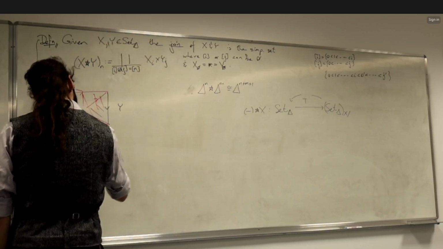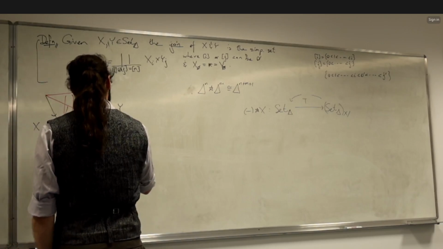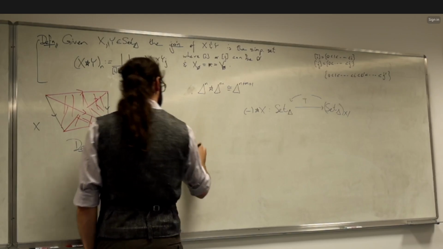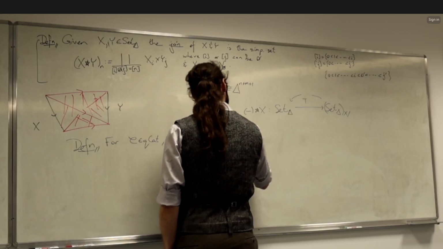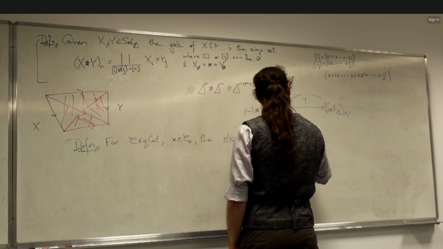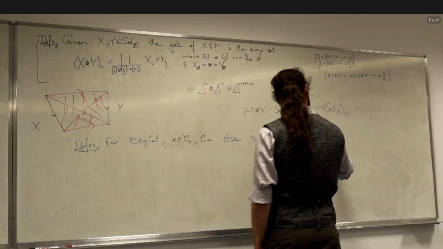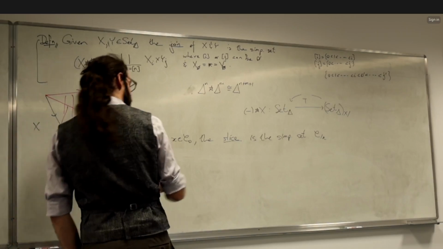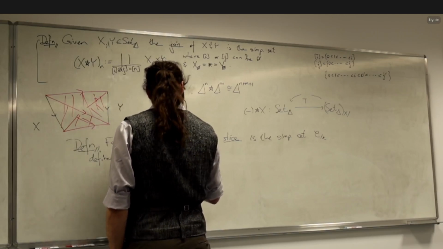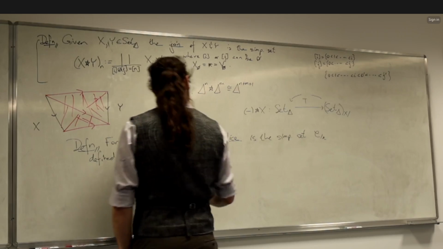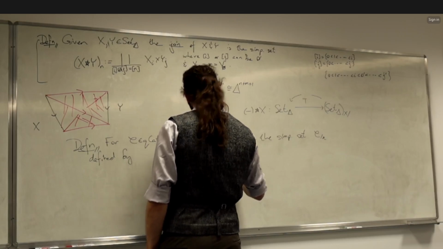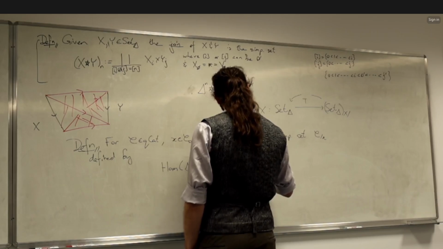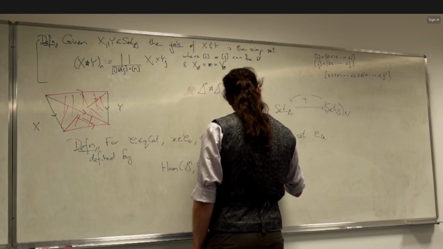So we can say, definition: for a quasi-category C and X, an object, the slice is the simplicial set C over X defined by hom from delta n to C over X is hom X from delta n star delta naught to C.